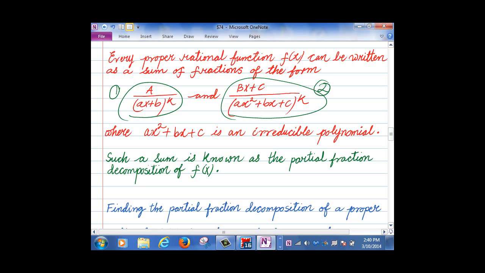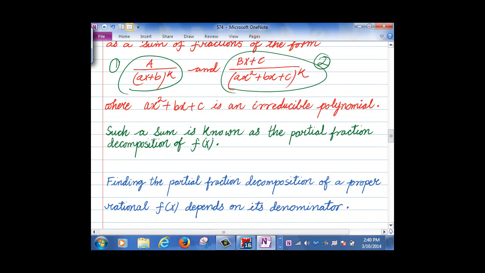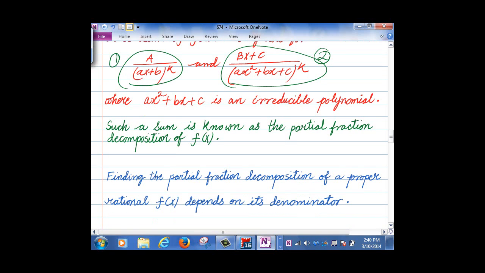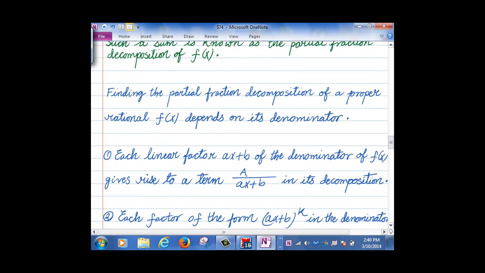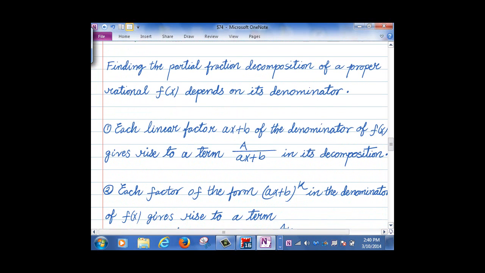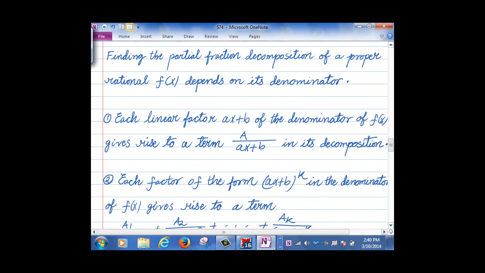All right, so everybody can remember the statement in red. Every proper fraction can be written as a sum where each summand is of the form 1 or 2. Well, that's well and good. But the question is, how would you do it? In my handout to you, I gave you a guideline.